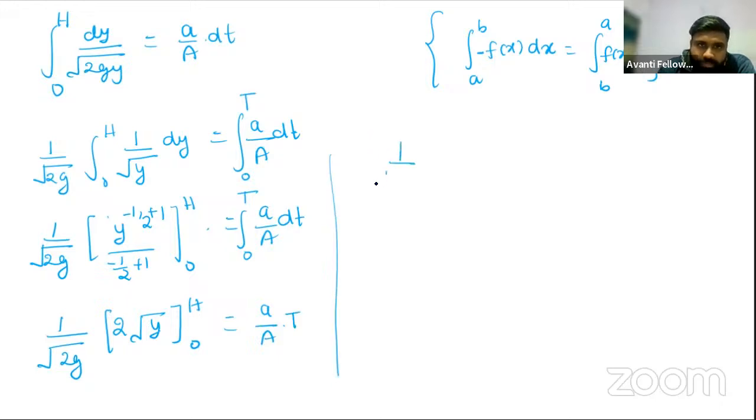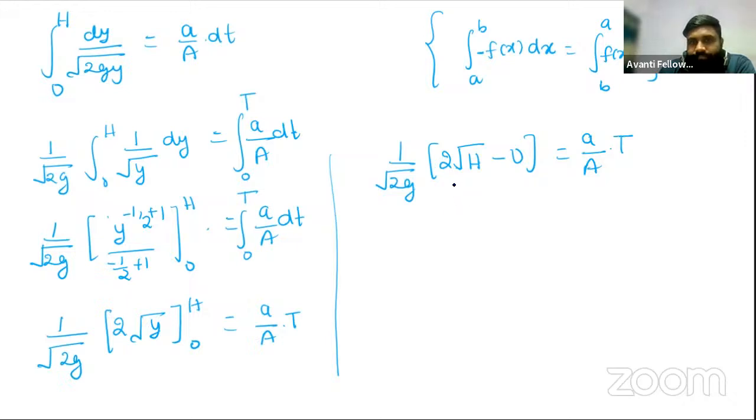Now 1 upon root 2g, 2 root h minus 0 is equals to small a by capital A into time T. So this will become 2 capital H by 2 you can also take inside.